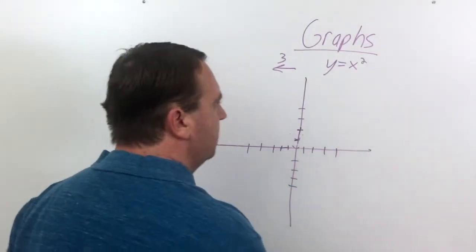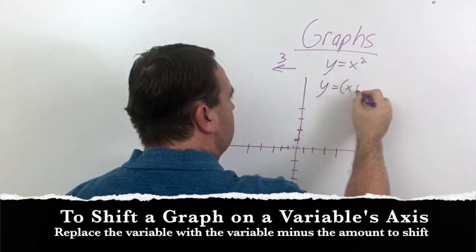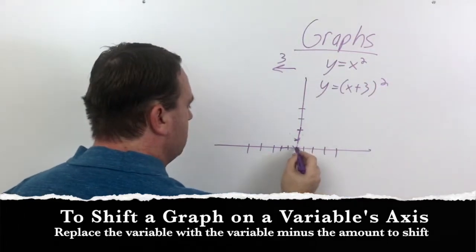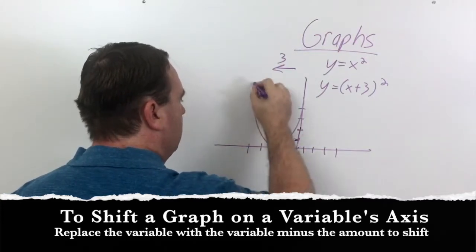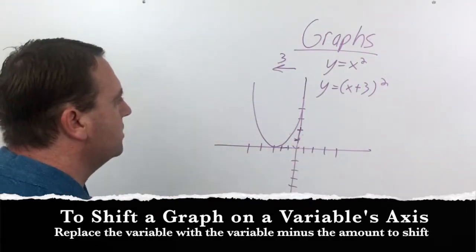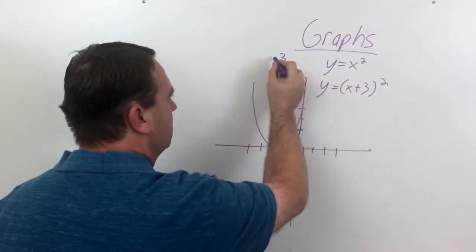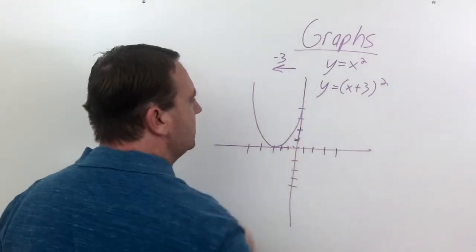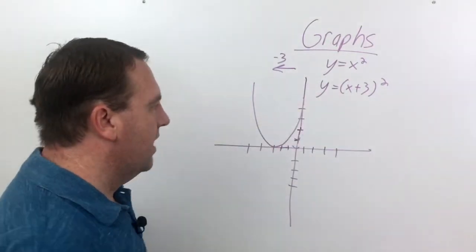To move it to the left 3, I replace x with x plus 3. So this would be 1, 2, 3. I'll have my graph here. And so you replace the variable with the negative of what you're wanting to do. Because here, since we're going to the left 3, it's a negative 3. So I replace every instance of x with x minus negative 3, which is x plus 3.